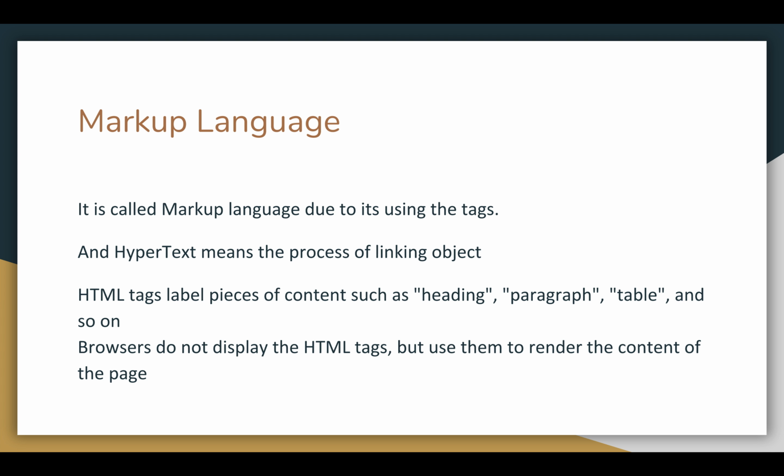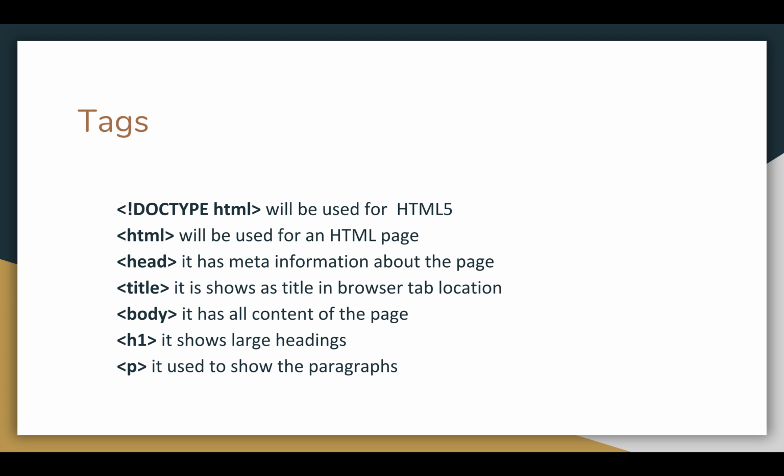So we need to write the code for HTML. For coding, there are multiple tools available, and these are simple tags like the doctype, which will be used for HTML5. HTML5 is the new, modern HTML. We will provide the tutorial for HTML5 as well.